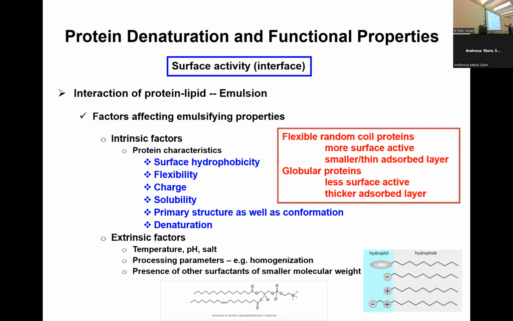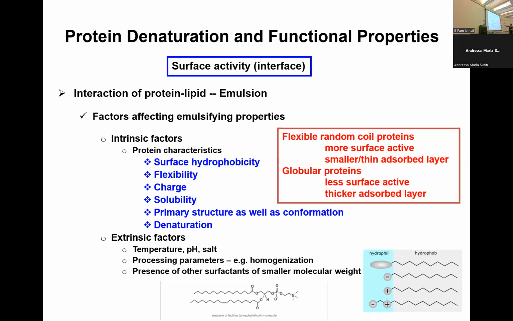So when we say we want a balance, you want interaction among the proteins on the film. But once a film is formed, you also want repulsion between the proteins on the surface of each droplet. If you have repulsion, then you will have stability.